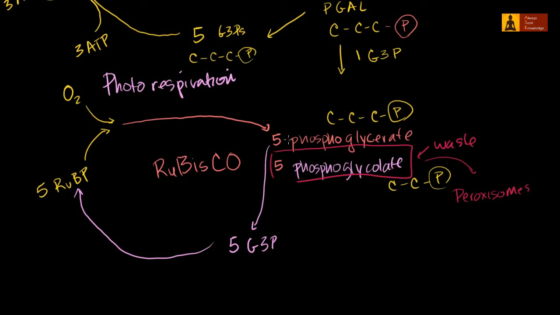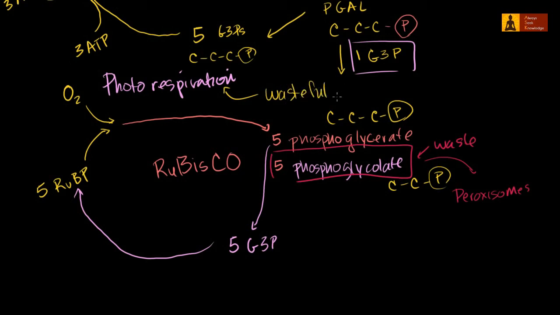So to go from here to here, we had to use up ATP and NADH, and then to go from here to here, we had to use more ATP. But we went through this whole cycle, and we didn't produce anything useful, essentially no sugars or carbohydrates that can be used to fuel or provide structure for the plant in any way. So we think this is a wasteful process.